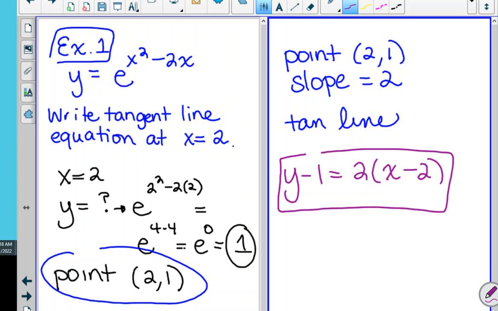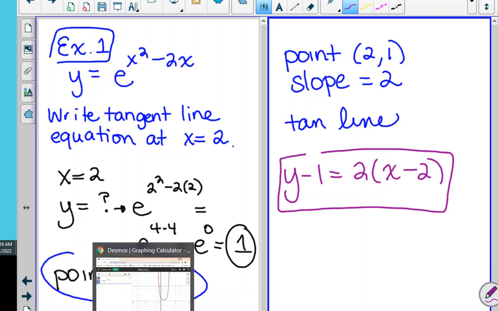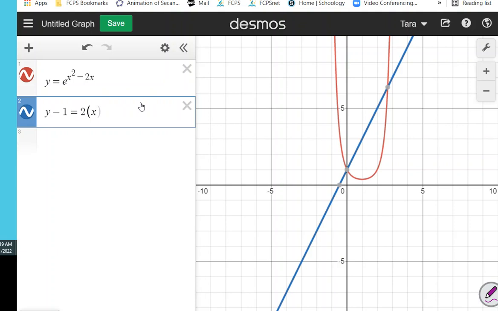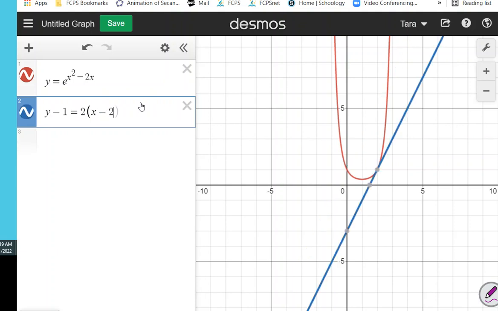Now, how can we get any sense of whether that's right or not? Well, we can get kind of a visual sense if I look at the original function and then look at the graph of that function with the tangent line graphed on the same axes.